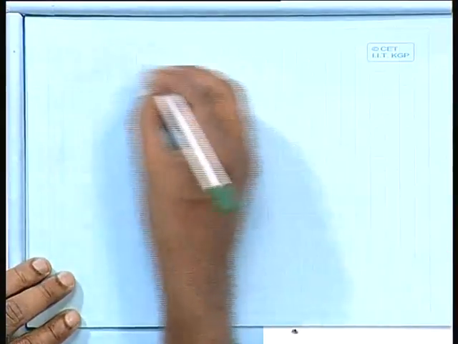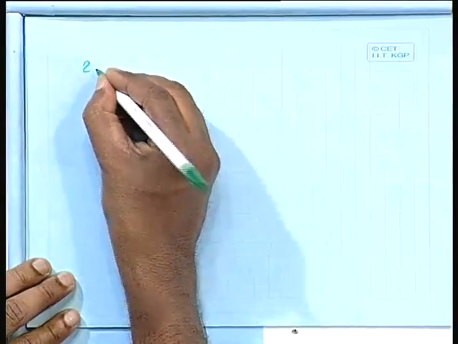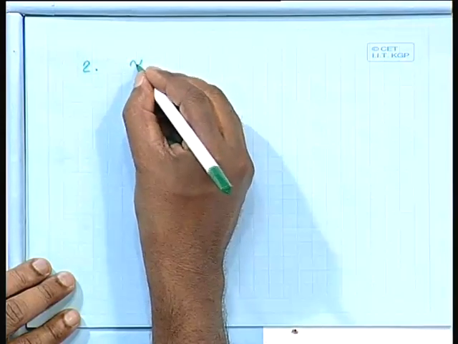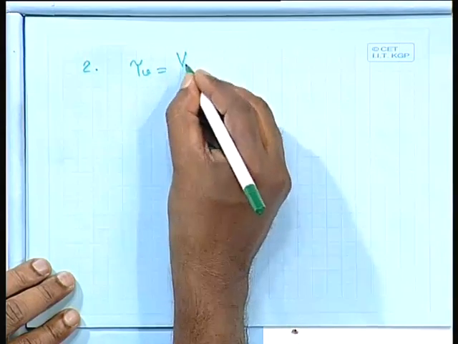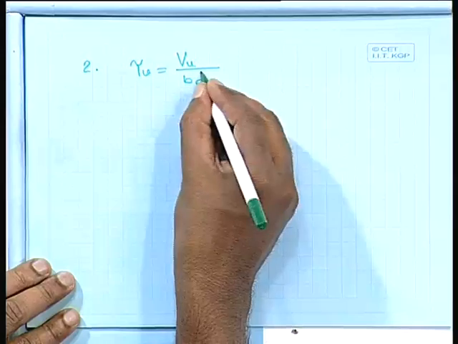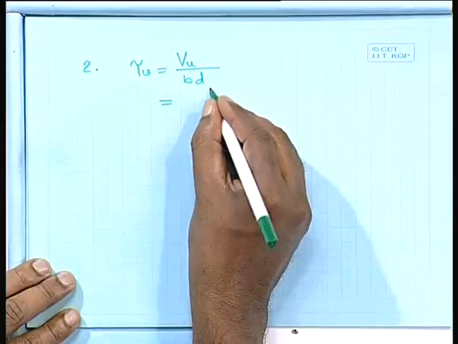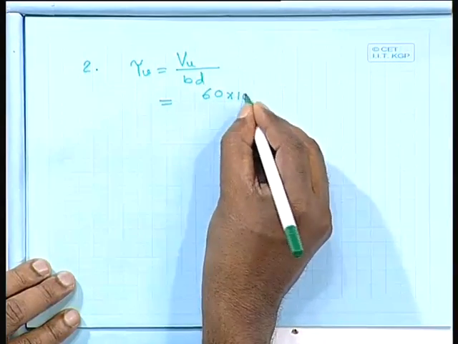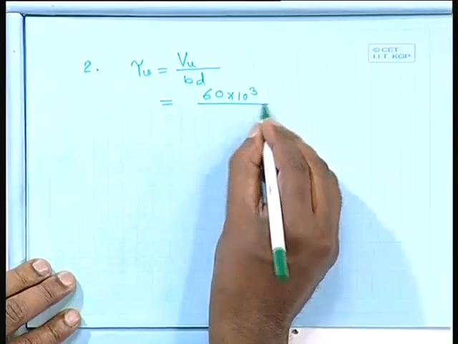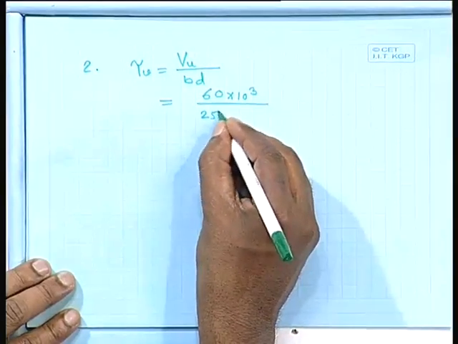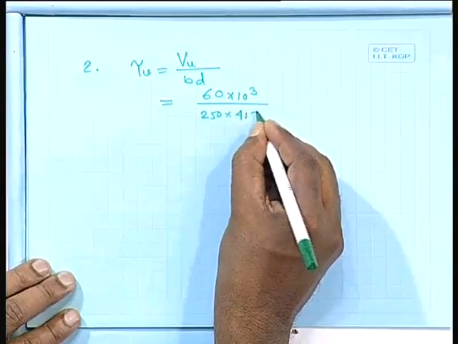What about the shear force? Tau V equal to VU by BD, VU equal to 60 into 10 to the power 3 divided by 250 times 415.